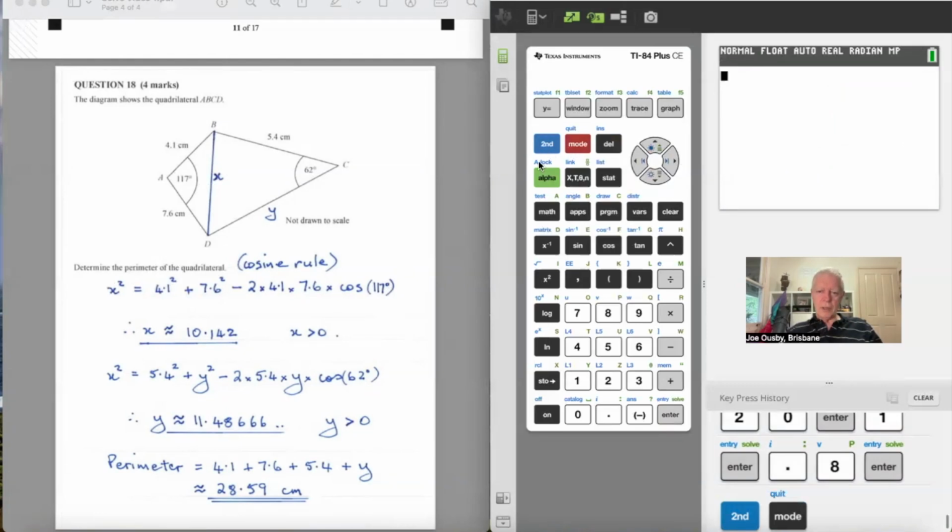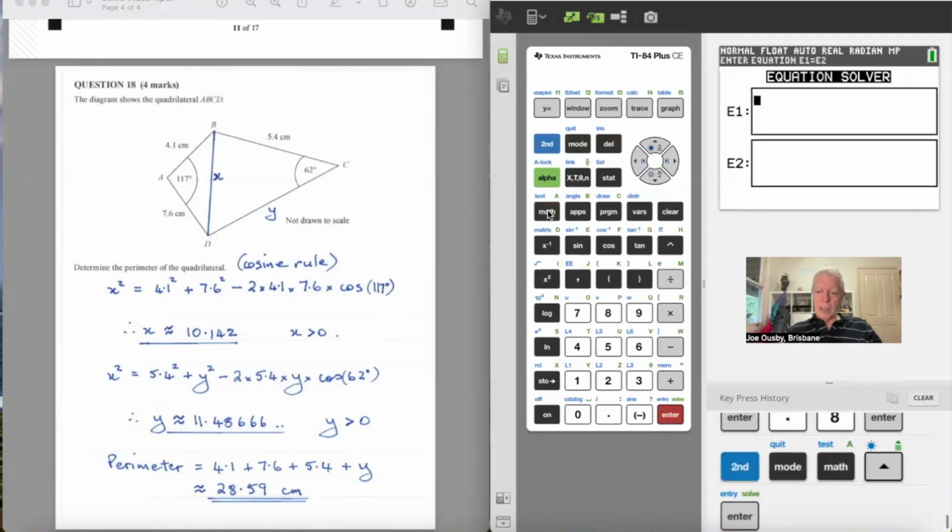but there's an advantage in this question in going straight to the equation solver, as it turns out. And that's what I'm inclined to do.